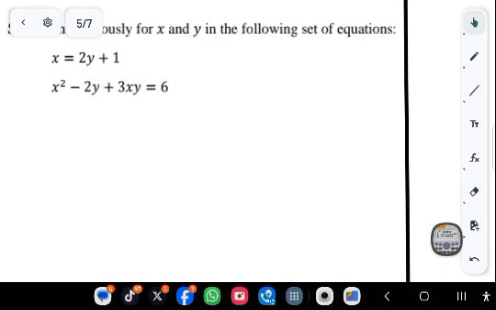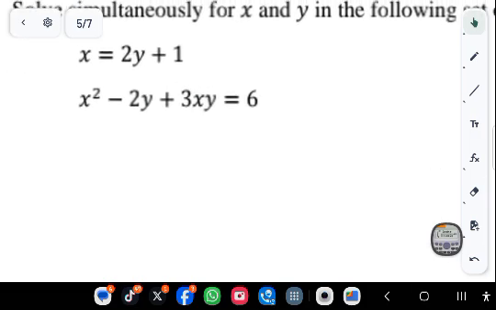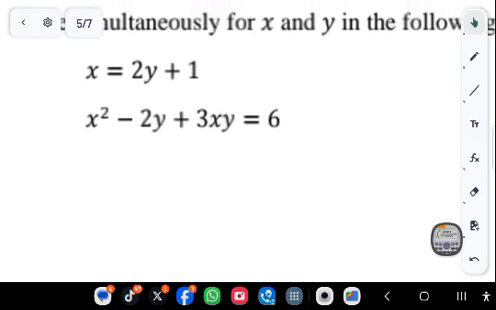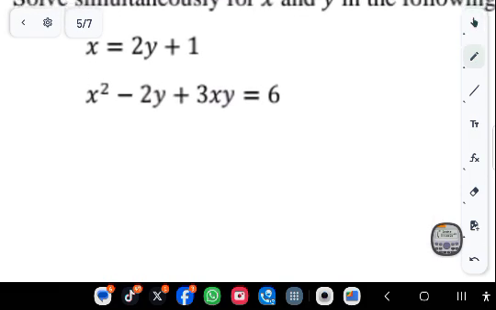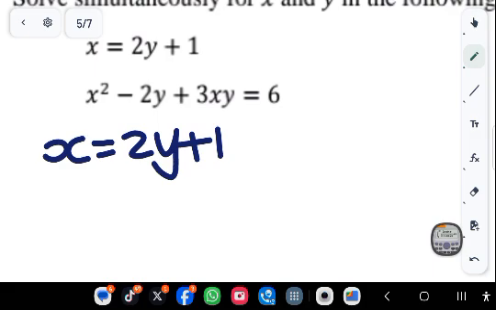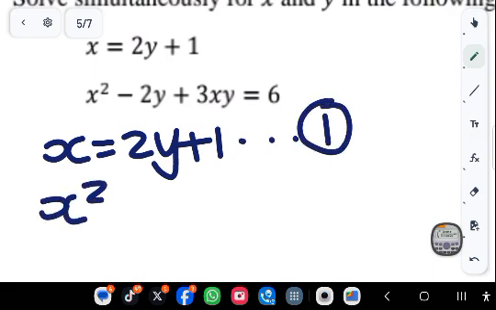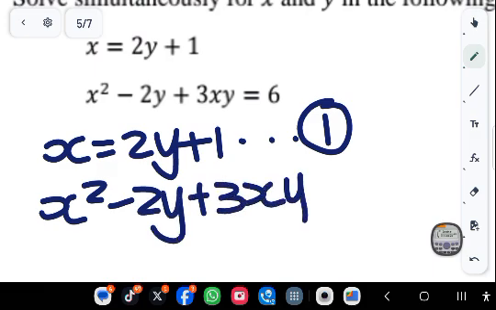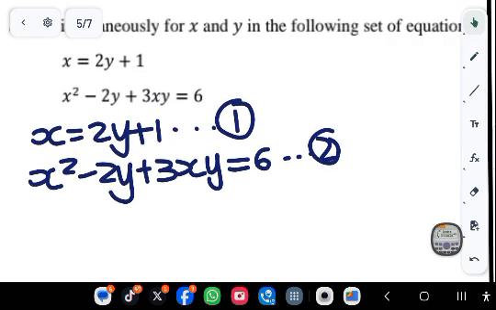Okay, so what you do is you name this equation 1. You just assign this. Let's call that equation 1, and the second one we'll call equation 2.